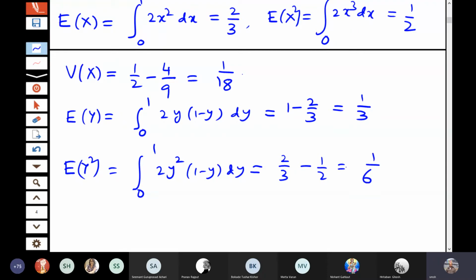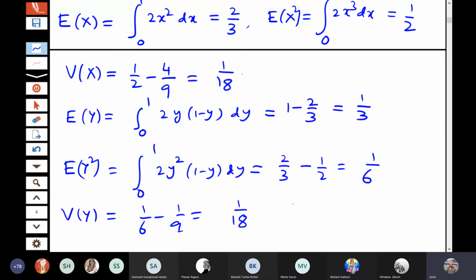So you get the variance of y as 1 by 6 minus 1 by 9, that is again 1 by 18.